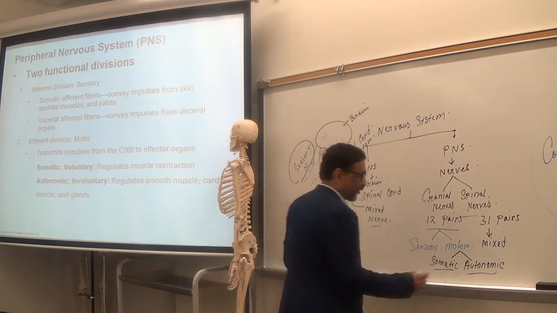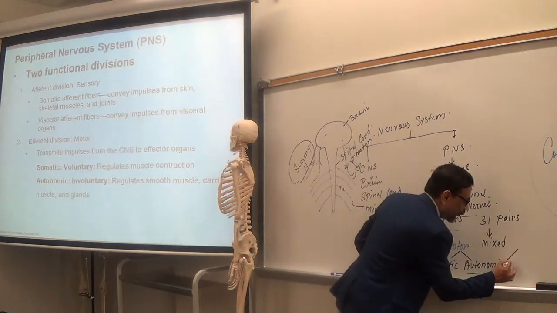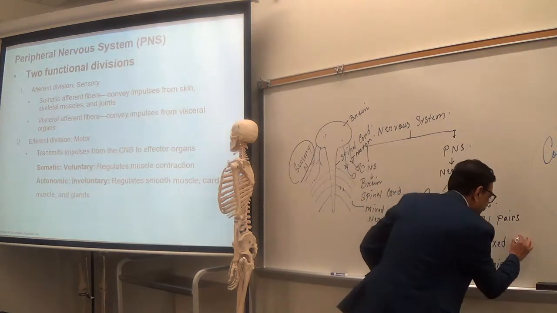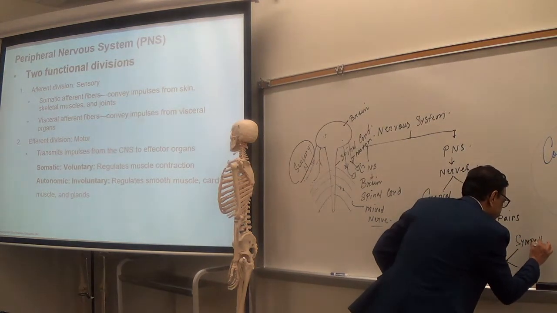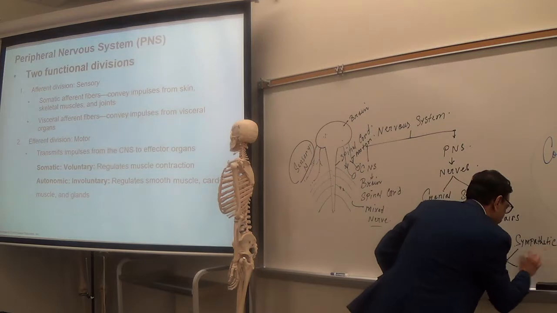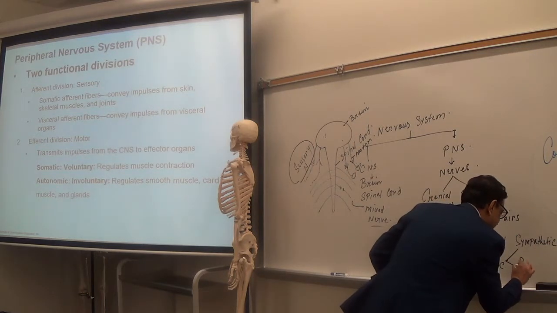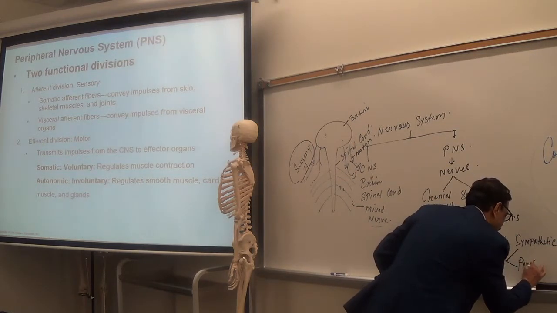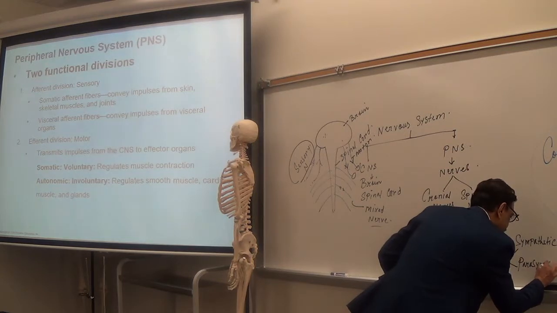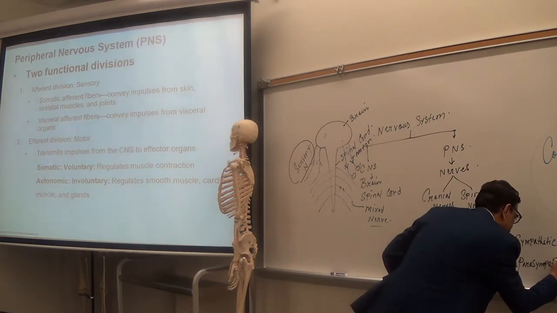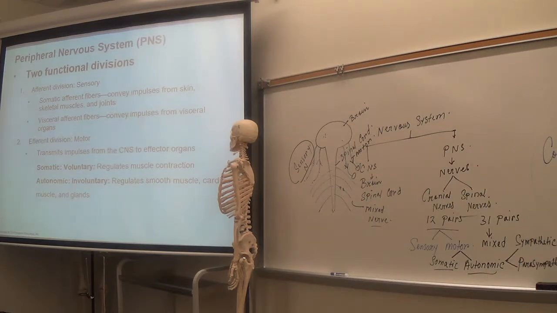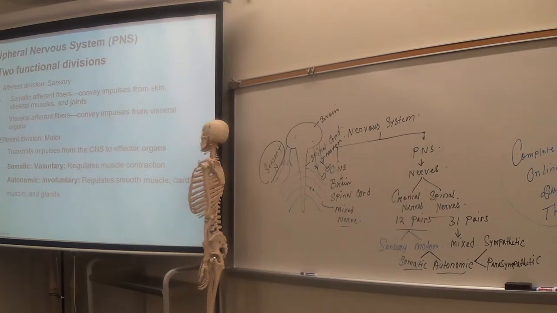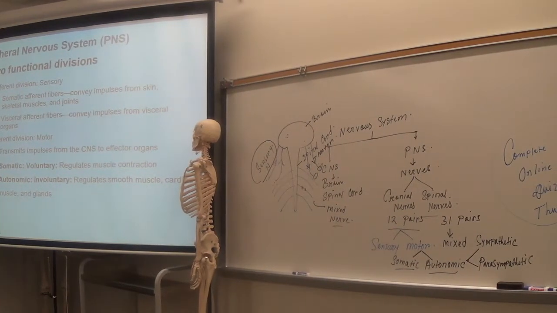Now, the last thing: autonomic could be two types, sympathetic and parasympathetic. So, two divisions of the autonomic nervous system. One is called sympathetic and another is called parasympathetic.